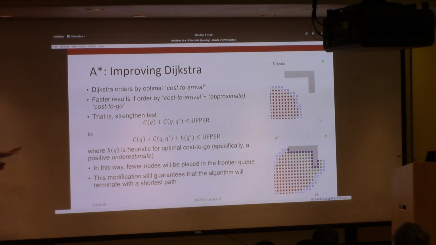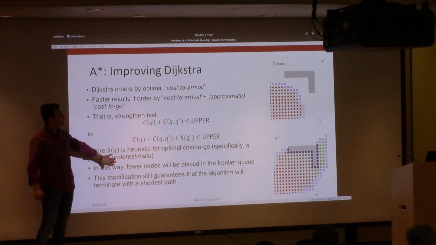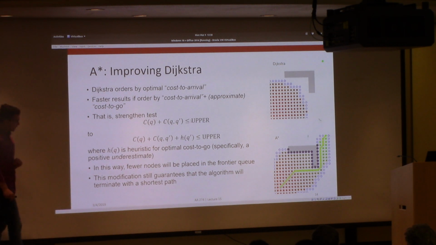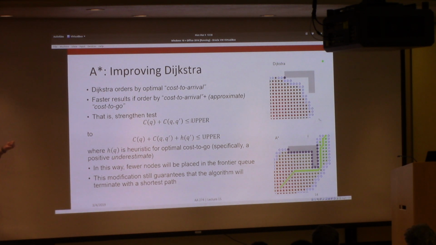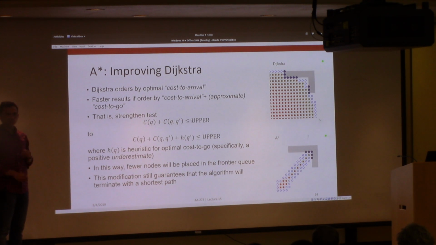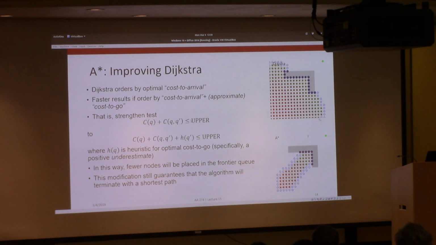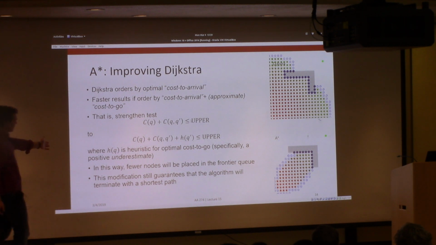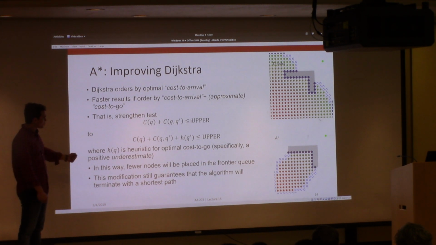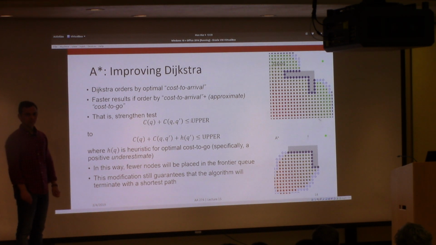So this is the A-star algorithm. The A-star algorithm has all the nice properties that the previous algorithms have, meaning that they will eventually find a solution, and this solution will be optimal. But A-star also strives to minimize the number of vertices or edges that we uncover along the way.